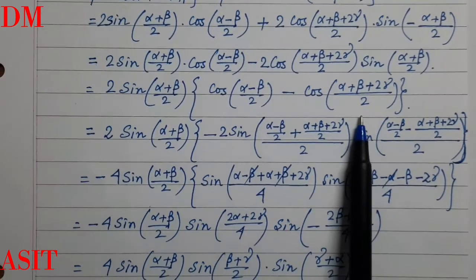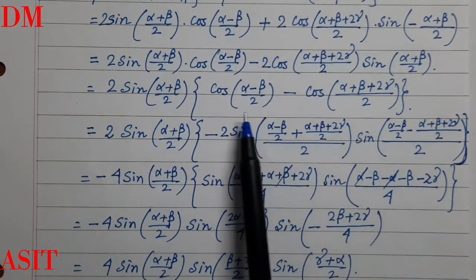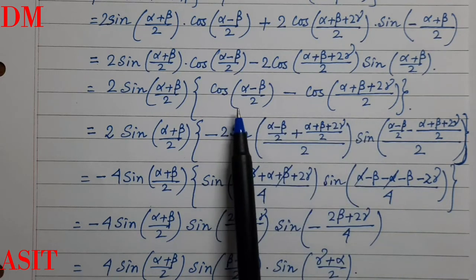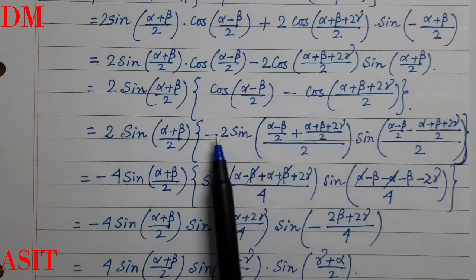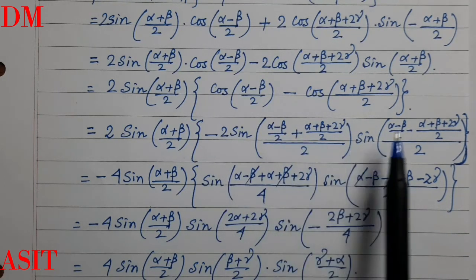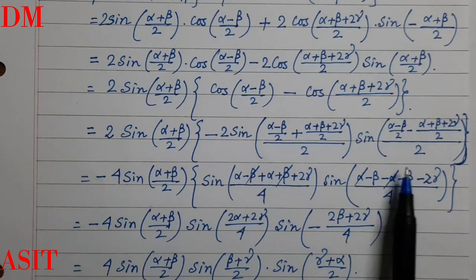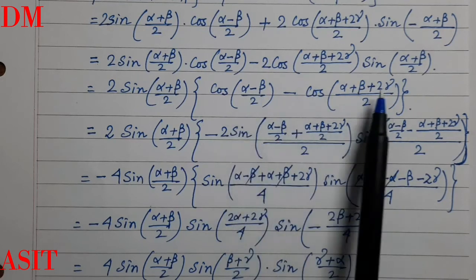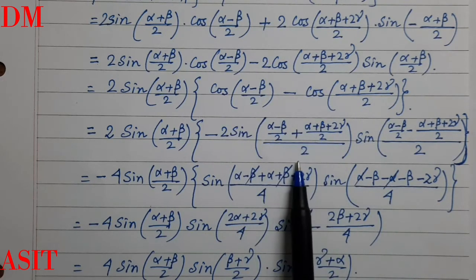Now again we can use a formula here. It is cos A minus cos B form. So cos A minus cos B will be equal to minus 2 sine sum by 2 into sine difference by 2. Now we need to add these two terms. Sum by 2 means we need to add these two terms here by 2.